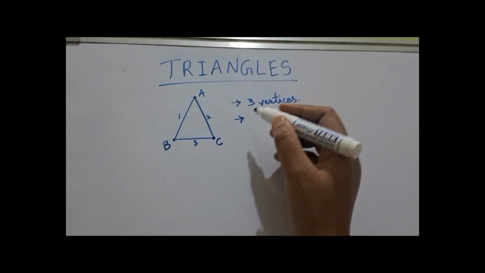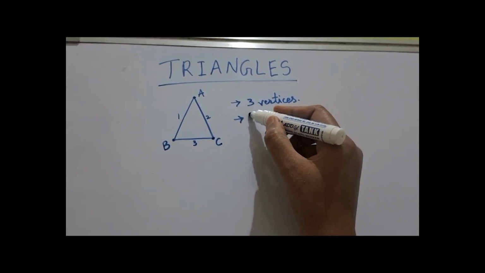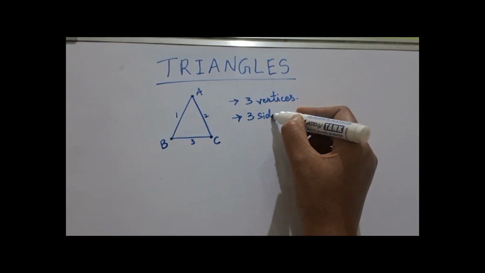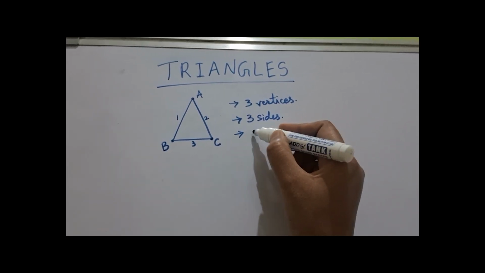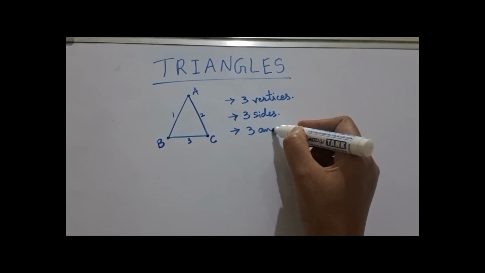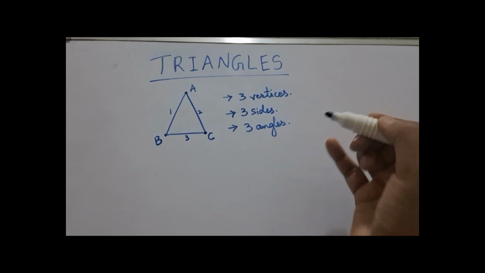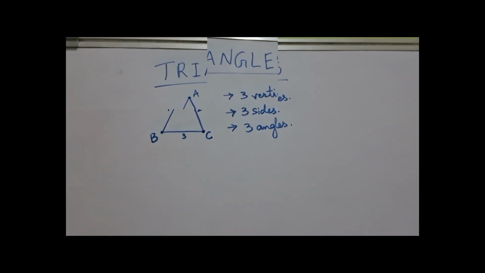Next. A triangle is having 3 sides. And it is also having 3 angles. Okay children.